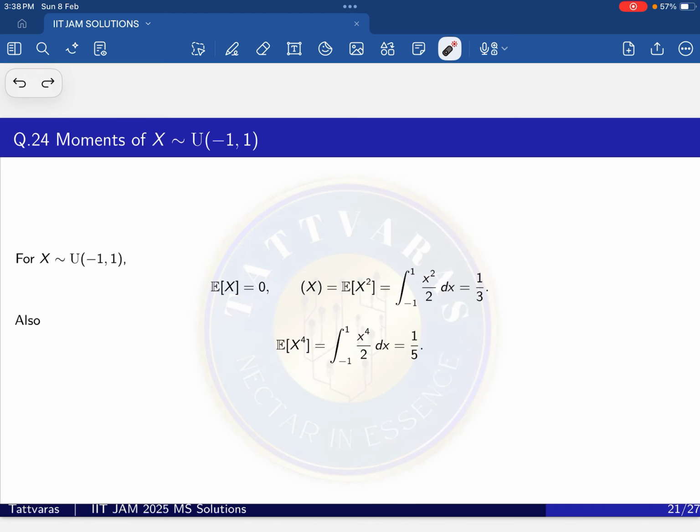First, the very first thing is computing the moments. The expectation of X, as you can see, is 0. Sorry for the typo here, it should be the variance of X, that is expectation of X squared minus the square of expectation of X. The other part is 0, so this equals 1 over 3, and similarly you can compute the fourth order moment, which is 1 over 5.